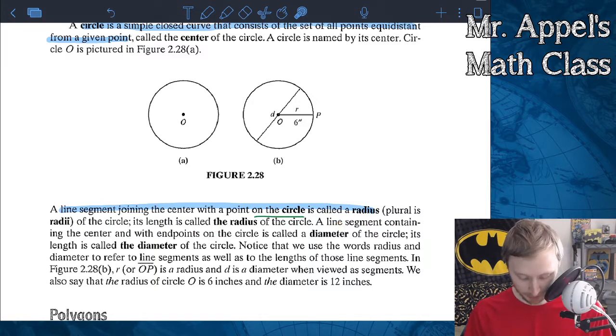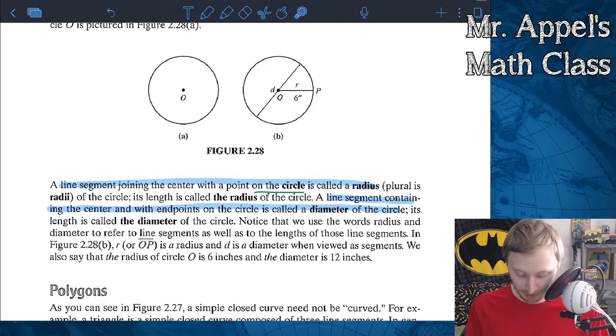A line segment containing the center with endpoints on the circle is called a diameter of the circle. All right. Its length is called the diameter of the circle. So those are both used to reference the measure and size of the circle. Notice that we use the words radius and diameter to refer to line segments as well as the lengths of those line segments. Mostly because we can draw many different radii.